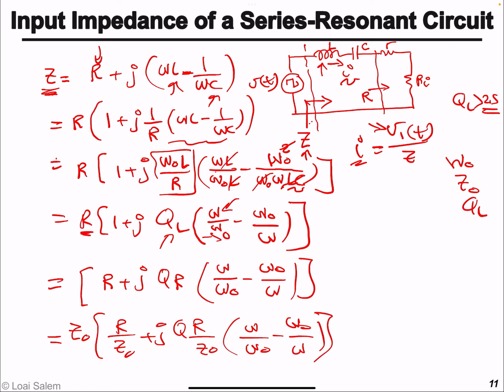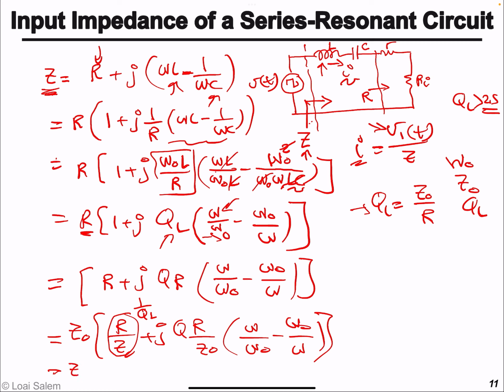We said the loaded quality QL is equal to the ratio between the characteristic impedance of the RLC circuit divided by the resistor R. So we can replace the first term here by 1 over QL.